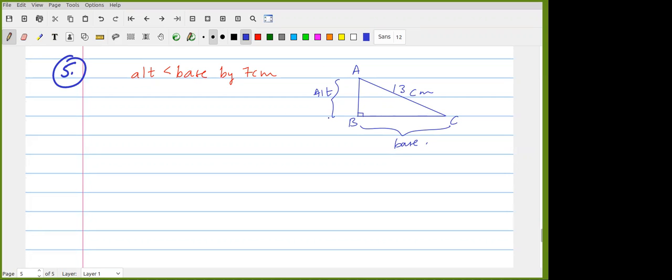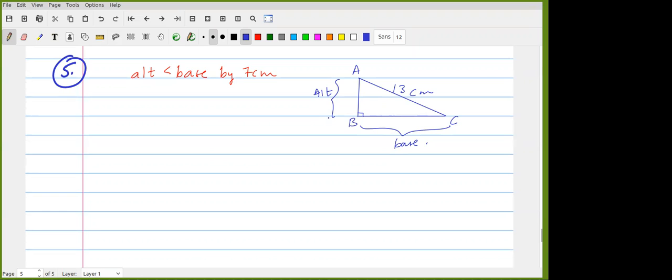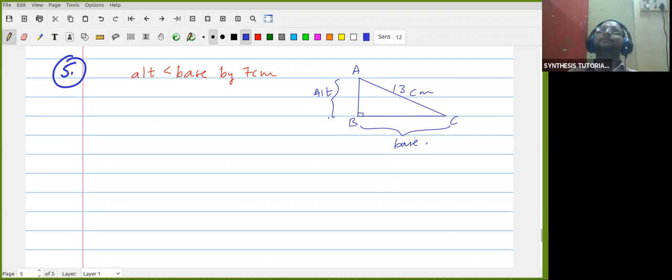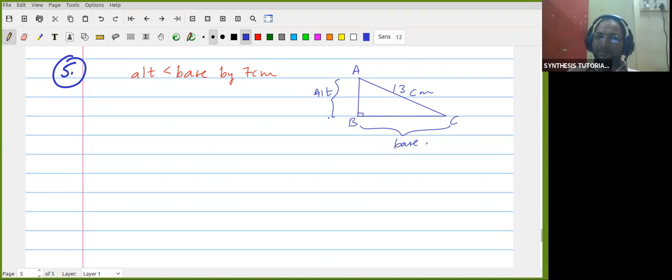See, the information given is altitude is less than base by 7 centimeters. So how will I plug in the x? We'll take the base as x and altitude as x minus 7. All of you agree with her? One thing we should always know whenever there is a comparison like this, less or big, you should know which is small and which is big.